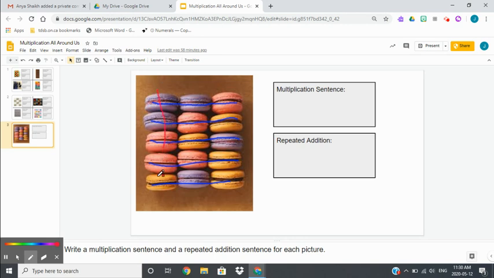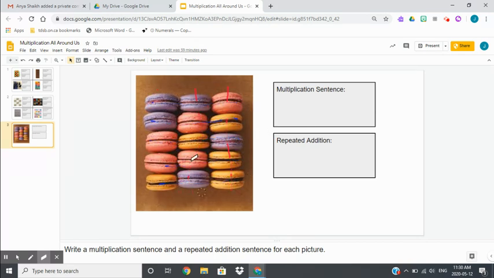We've got 1, 2, 3 columns here. So this picture is an example of an array, a real life array, because it's delicious French macaroon cookies. So we would really see this somewhere. Let me just erase what I have here so we can get started on the next part.